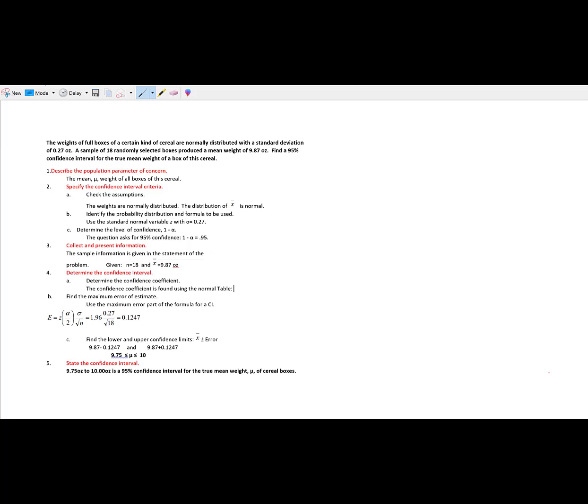Step 4 is to determine the confidence interval. These cereal boxes are normally distributed, so we can use the normal distribution. We are looking to build a 95% confidence interval.